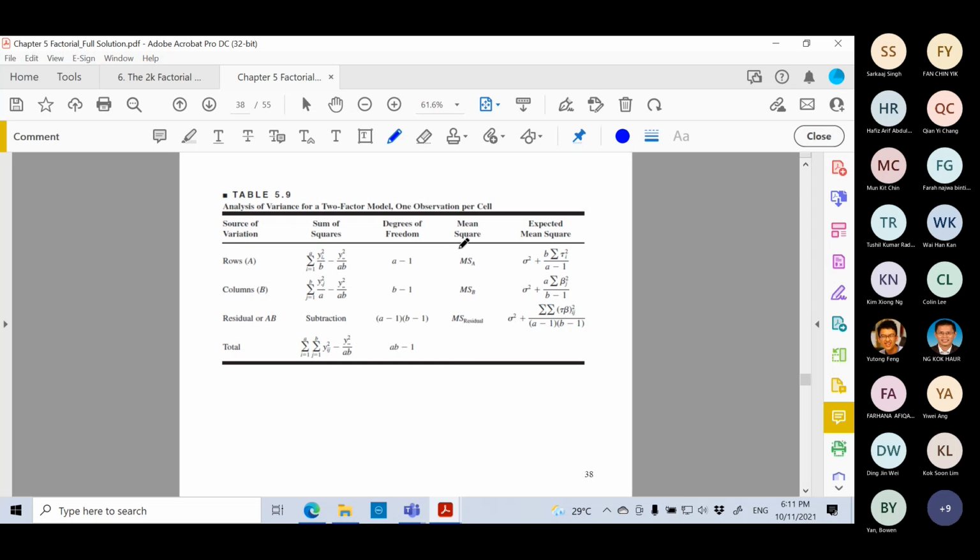When you want to test A, it is MSA divided by MS residue. If you don't want to use the name residue, you can also use MSAB. This is just a name. As long as you know that your F test is MSA divided by MS for AB, or the residue, as long as you know how to take the ratio.